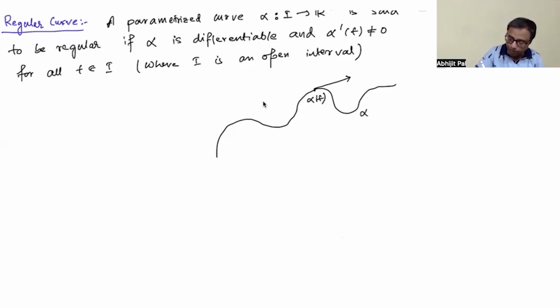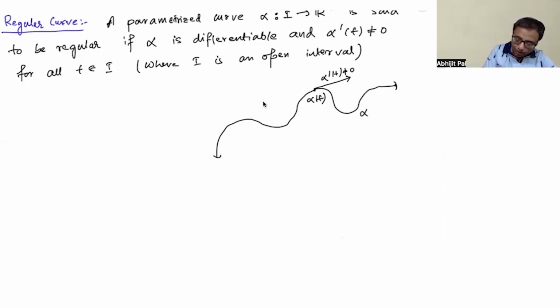Here, because I have taken I to be an open interval, you will not get the endpoints. I have taken I to be an open interval because I want alpha to be differentiable. So this vector, which is tangent to this curve, is not equal to 0.